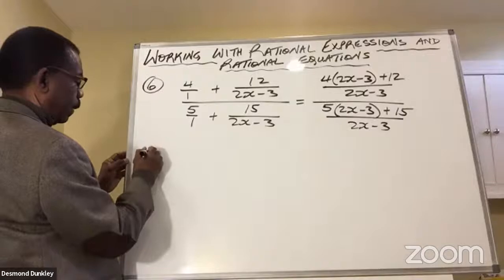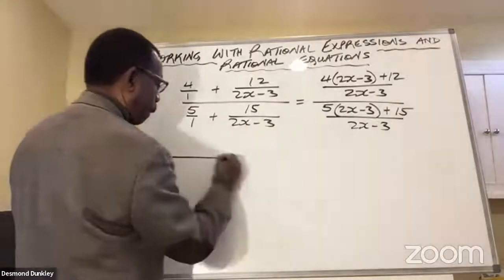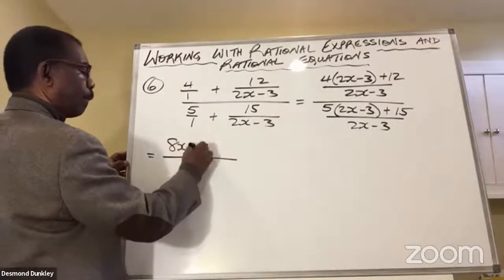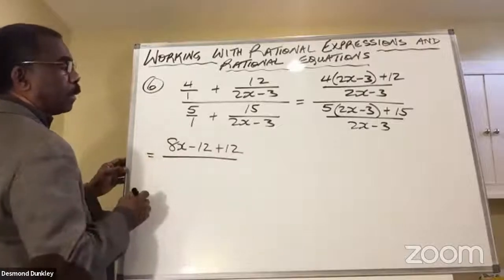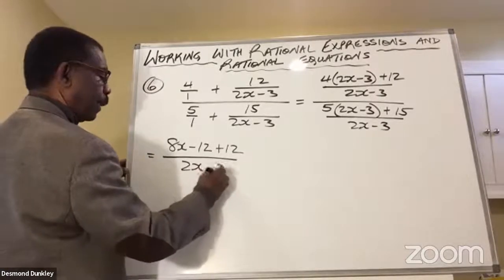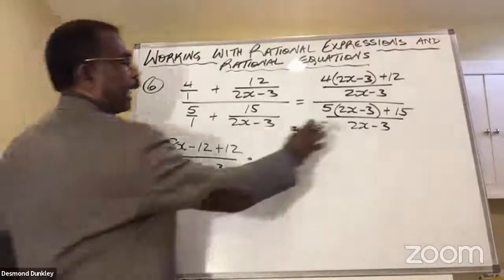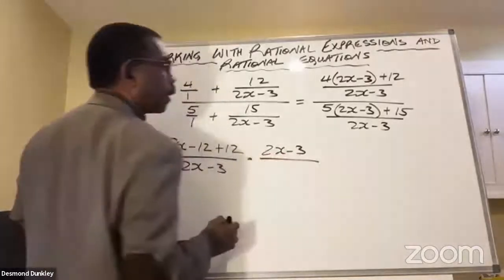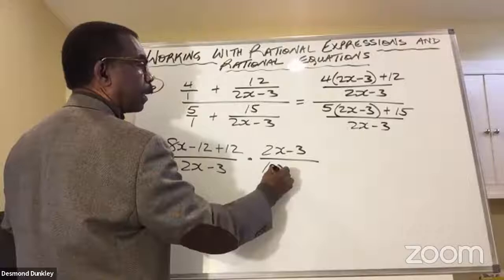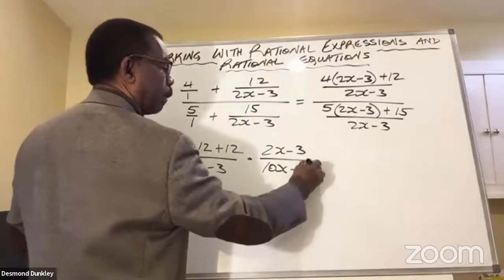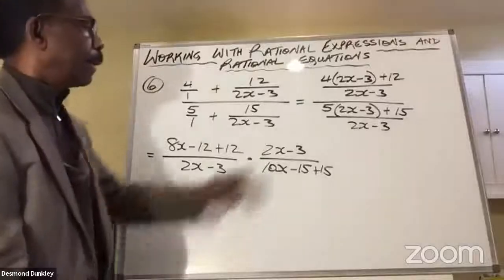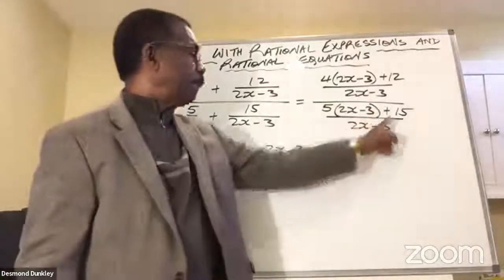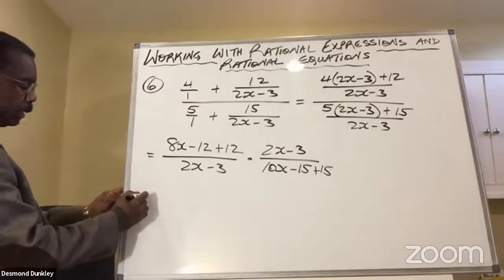So now we end up with 4 times that gives me 8x minus 12 plus 12 over 2x minus 3, times, when I flip this, I end up with 2x minus 3 over 10x minus 15 plus 15. See that? 5 times 2x, 10x. 5 times negative 3, negative 15. Plus 15, plus 15. And what does that give us?